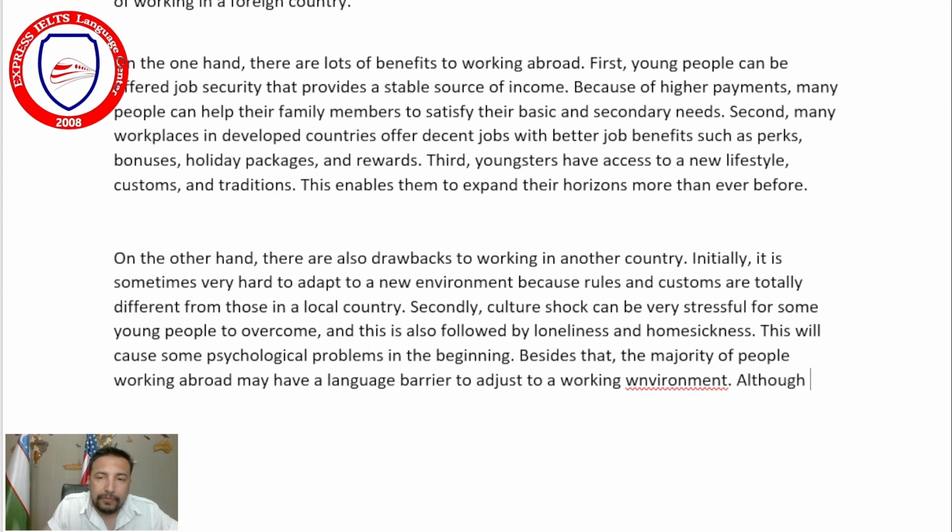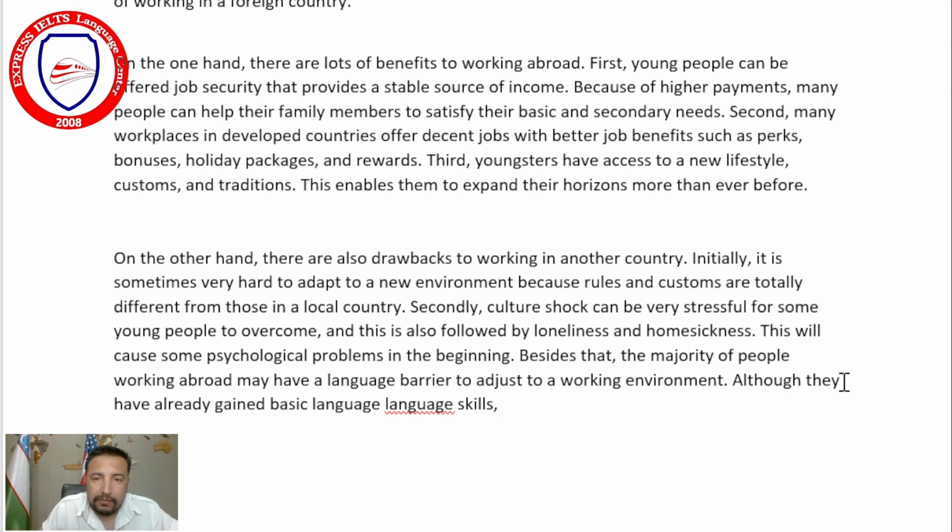Although they have already gained basic language skills, you can say, they do not comprehend diverse dialects fully, you can say.